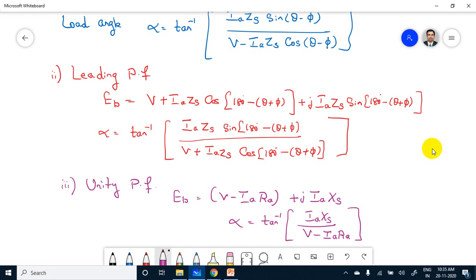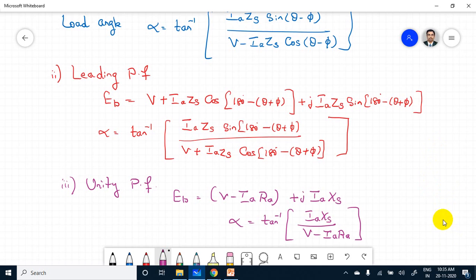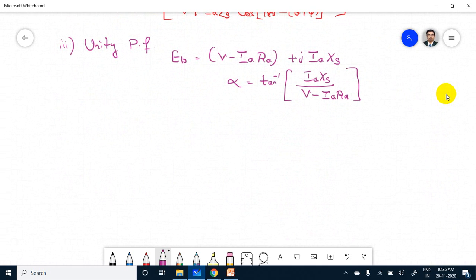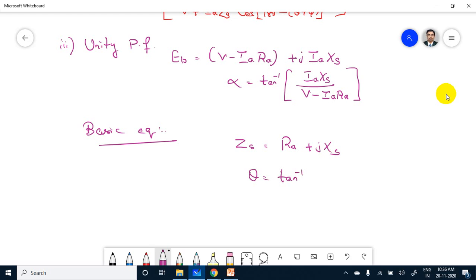Okay, of our synchronous machine. From the phasor diagram, you can know the basic equations. Impedance Zs is equal to Ra plus jXs, theta equal to tan inverse of Xs by Ra.